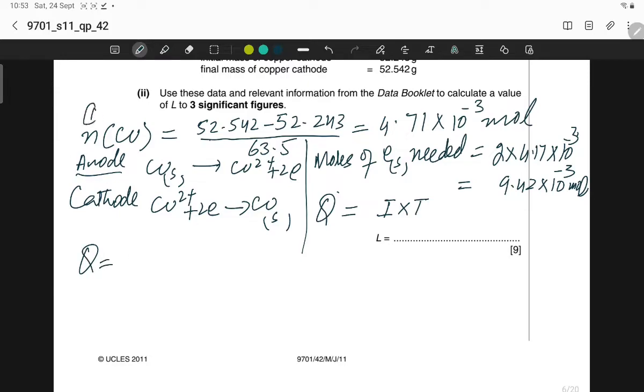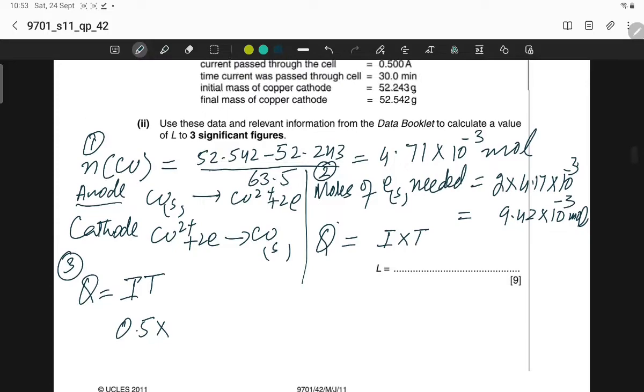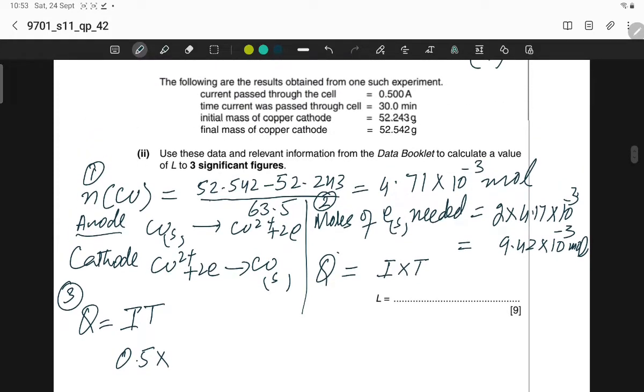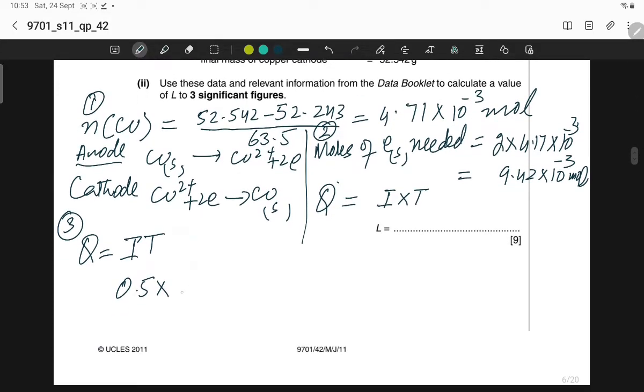So this is the first step, this is the second step, this is the third step. Q = It, where I is 0.5 and time is 30 minutes, so 30 × 60, which is equal to 900.